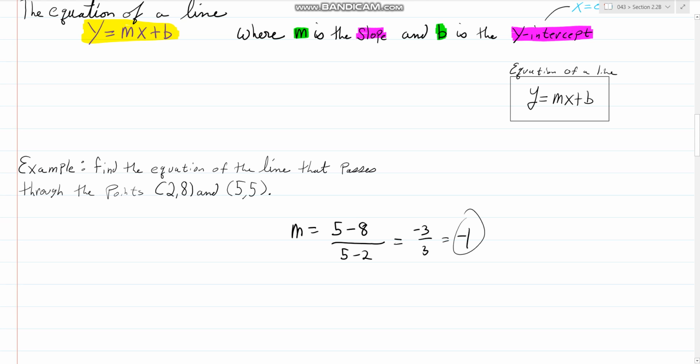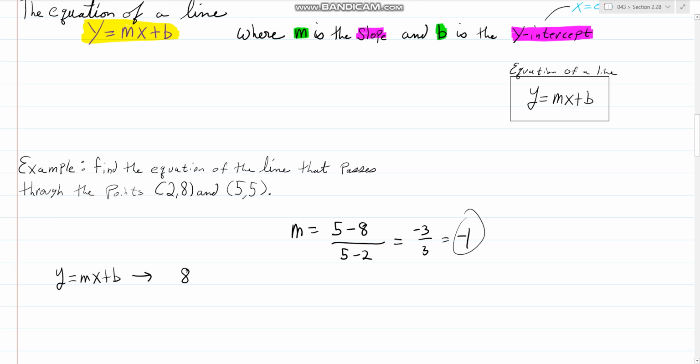Now I'm going to find the y-intercept. Well, since I know this is a line, and I know the equation of a line is y equals mx plus b, I can fill out what I know and then solve for what I don't. So I can pick my favorite point out of these 2 points, (2, 8) or (5, 5). I'll just pick the first one, but you can pick whichever one you want.